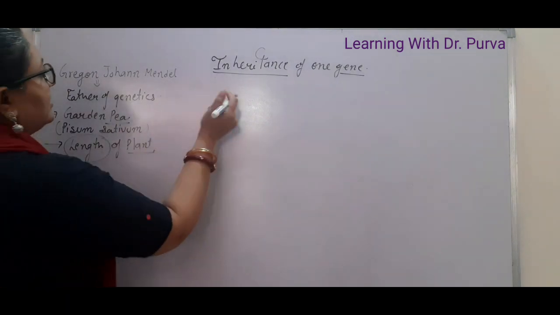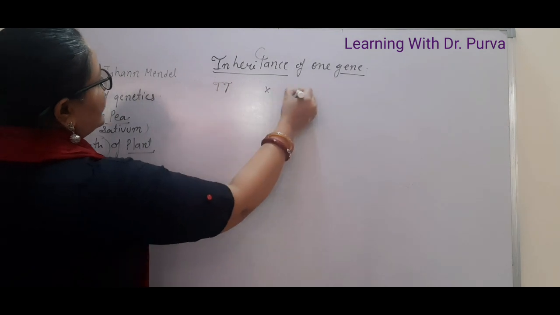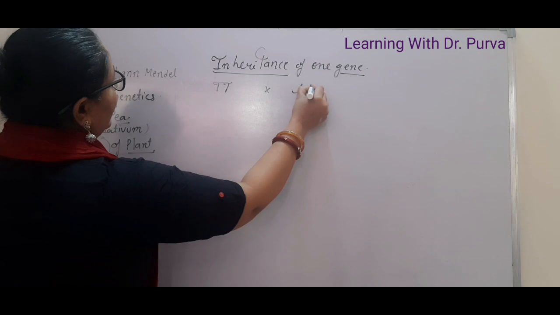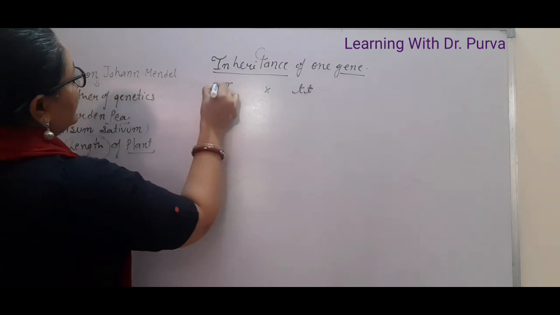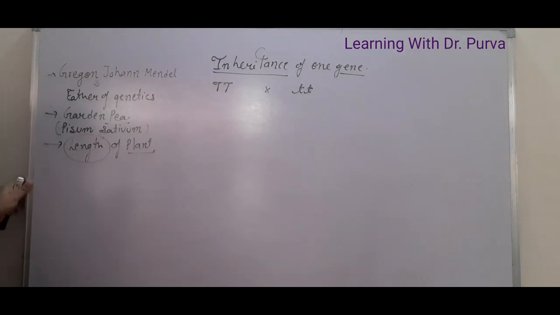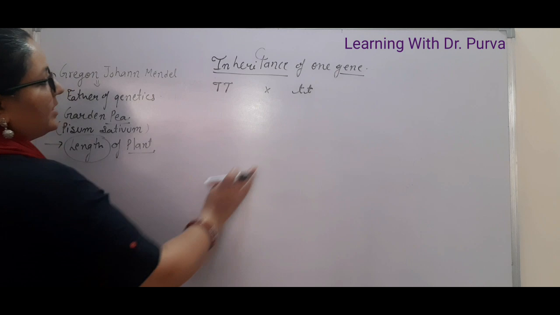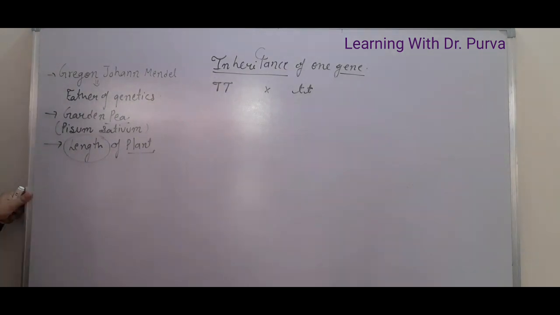He used one tall plant and another a dwarf plant. The tall plant has the capital T genotype, and the dwarf plant has the small t genotype.